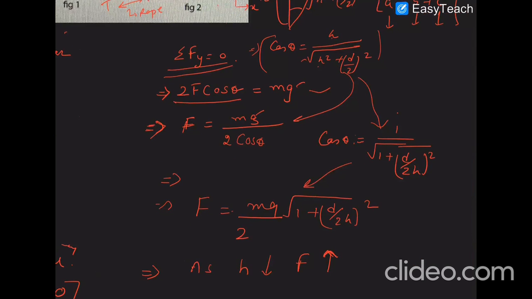Now as you can see, if you increase this h, this quantity will decrease, so overall the force will be increasing. On the other hand, if you decrease this h, then this will increase, so ultimately the force will increase. That is what we were asked to prove in the problem, and we have already understood that.